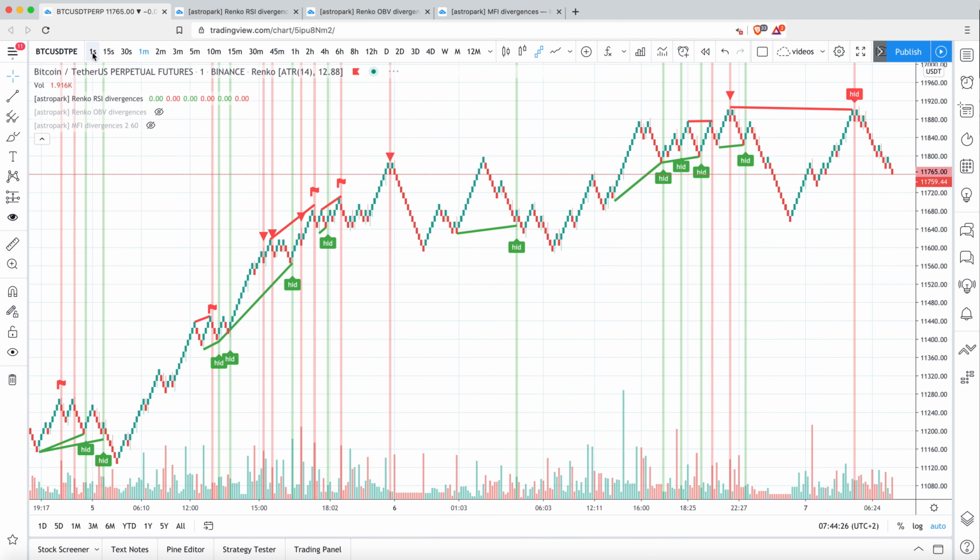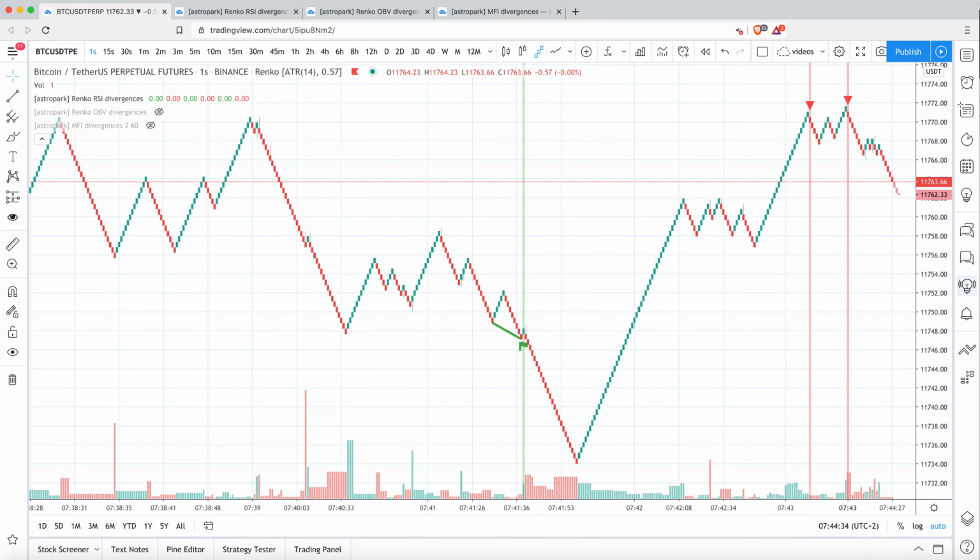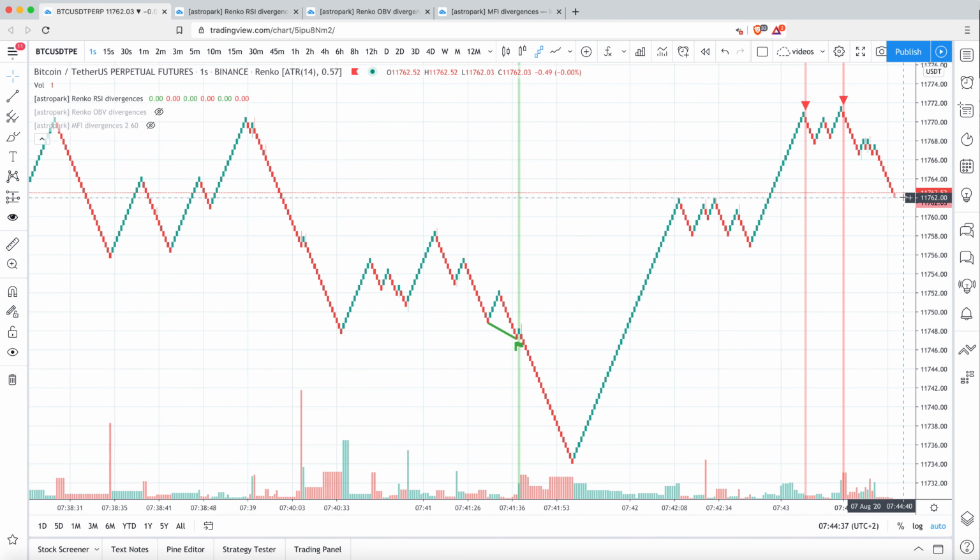On 1 second, of course, it's always faster for a brick to be created. Okay, so for example, you see this brick is going to get created very soon.